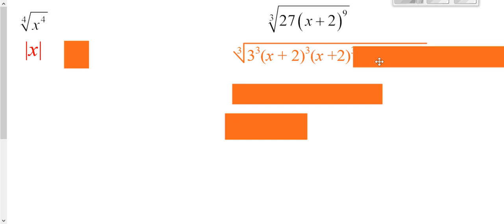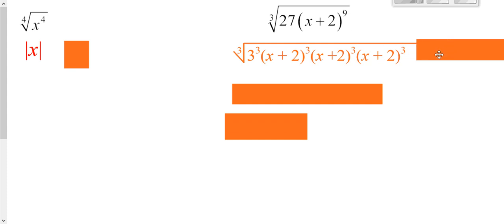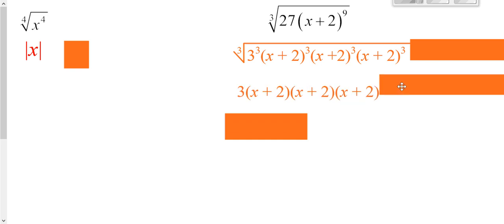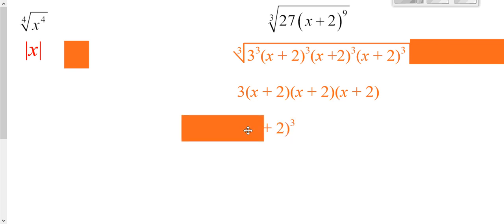We need a second x plus 2 cubed, which would be an x plus 2 to the 6th. We need then a third x plus 2 cubed. Then your cube root will cancel out each one of these cubing powers, leaving us with this. And then we could go ahead and simplify this by going x plus 2 to the 3rd power with that 3 in front.